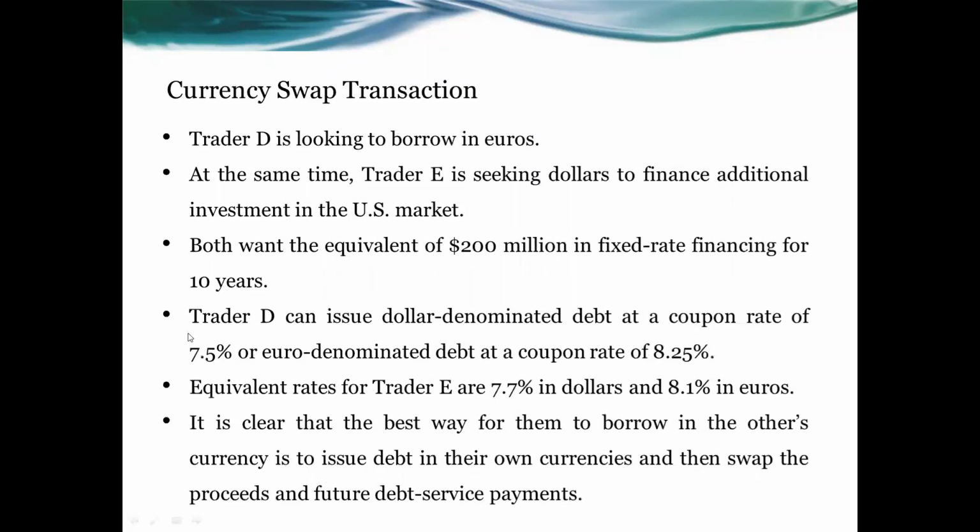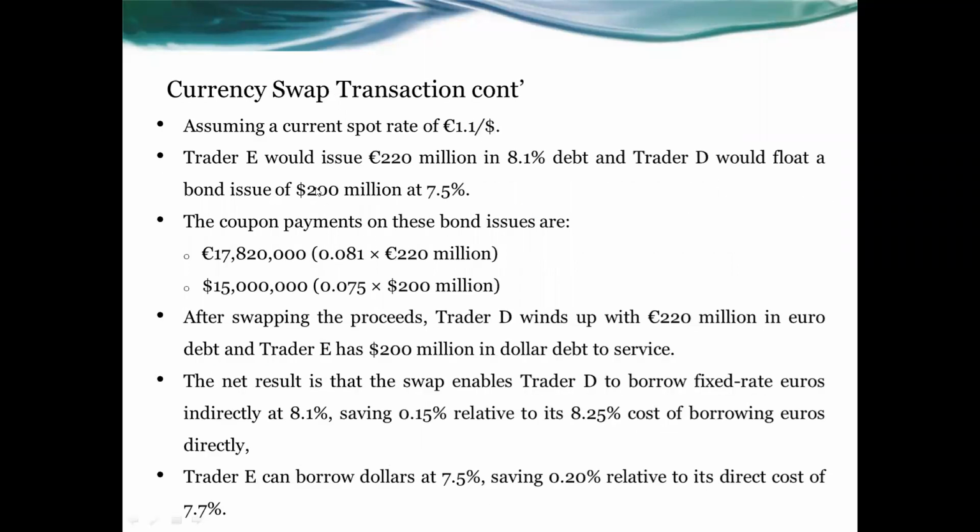Now, trader D is able to issue a dollar-denominated bond at 7.5%. That is why it is indicated here. Trader D issues $200 million worth of bonds at 7.5%. Meanwhile, trader E also issues 220 million euros at the rate of 8.1%. Now, you might be questioning that.